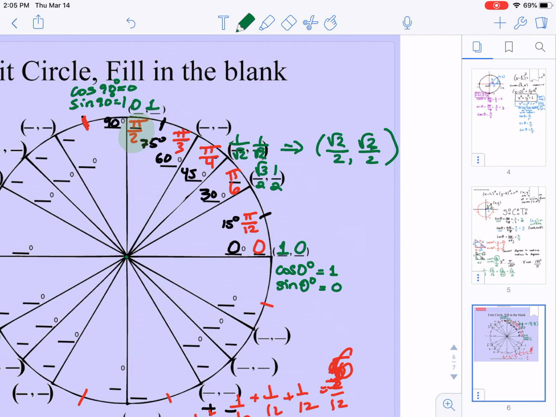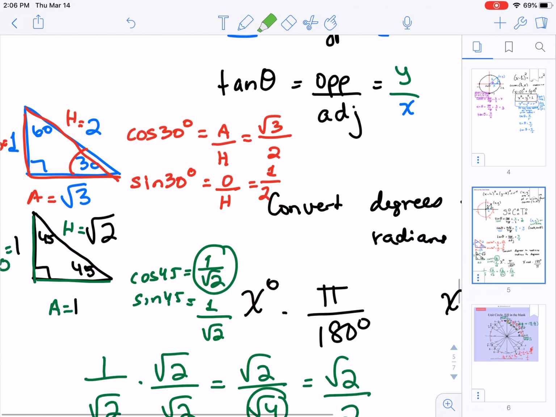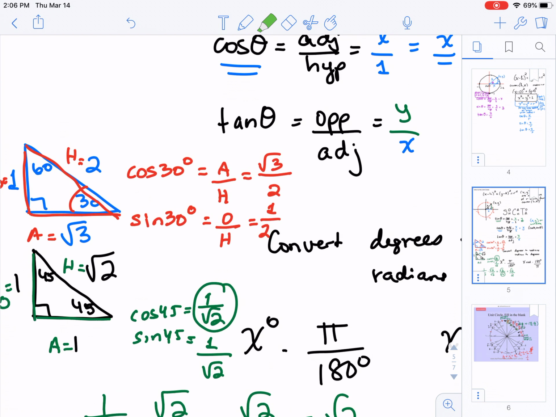Now, because 30 and 60 are part of that same right triangle, their sine and cosine actually swap. If you don't believe me, check your special right triangle. And so if we change this right here to 60 degrees, now we are looking at the angle 60 instead of the 30. In this case, the adjacent side is now the 1.